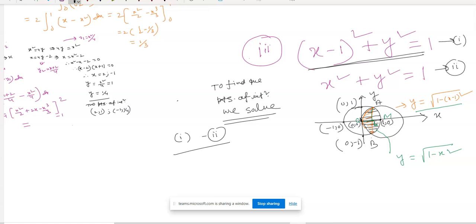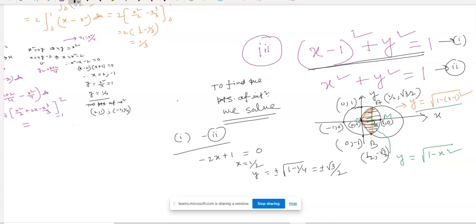If we do 1 minus 2, x square gets cancelled. x is half, y is plus minus root 3 by 2. So one can say the coordinate of this point is (half, root 3 by 2) and the coordinate of the point B is (half, minus root 3 by 2).